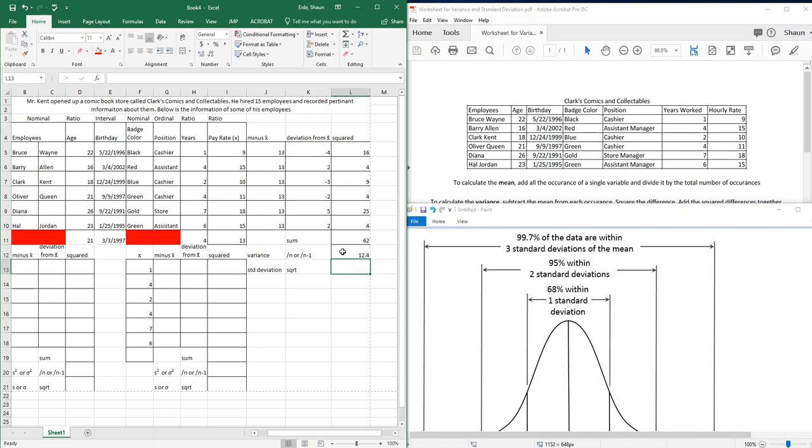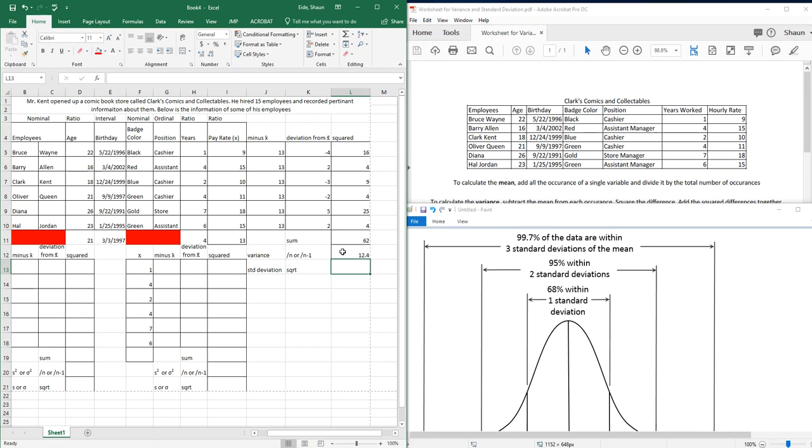Now the variance really doesn't tell us anything, and it really is just another step on the way to getting to the standard deviation. The standard deviation is literally only the square root of the variance.